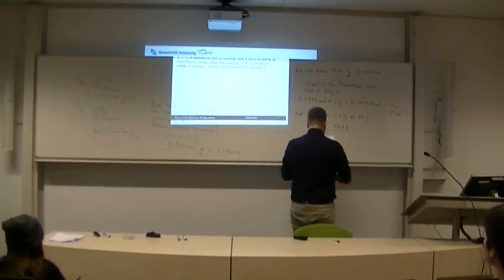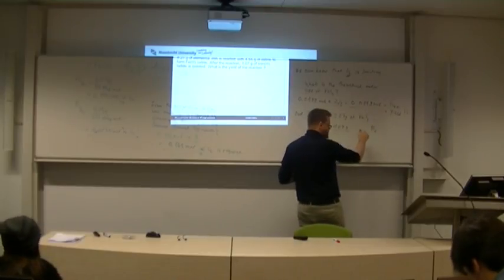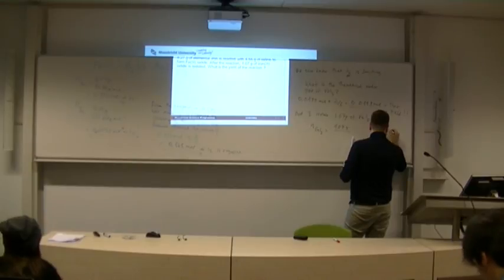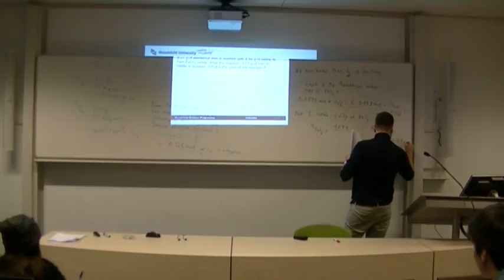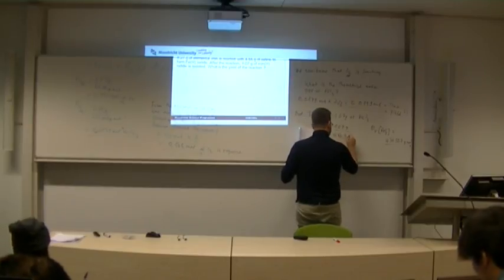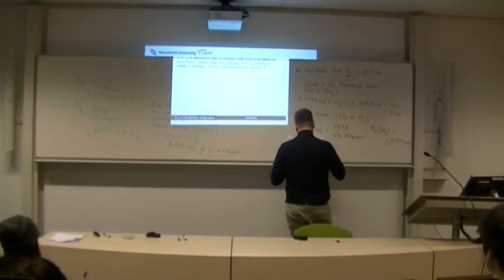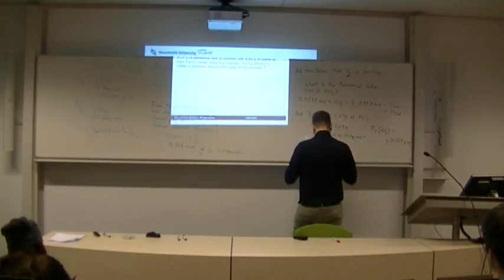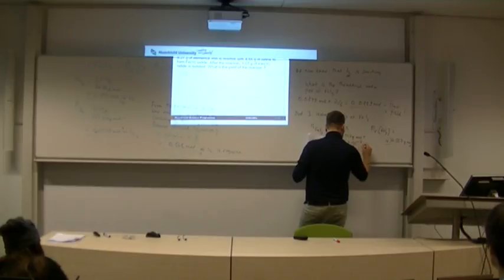If you do that, the molecular weight of FeI3 is 436.557 grams per mole. So we plug that in here, 436.557 grams per mole. The units cancel and we end up with a value of 2.45 times 10 to the minus 3 mole.